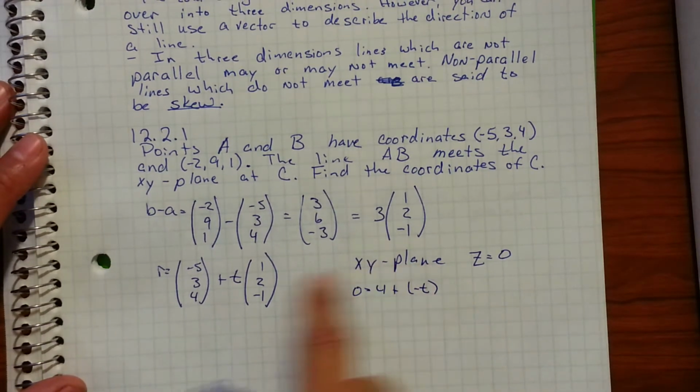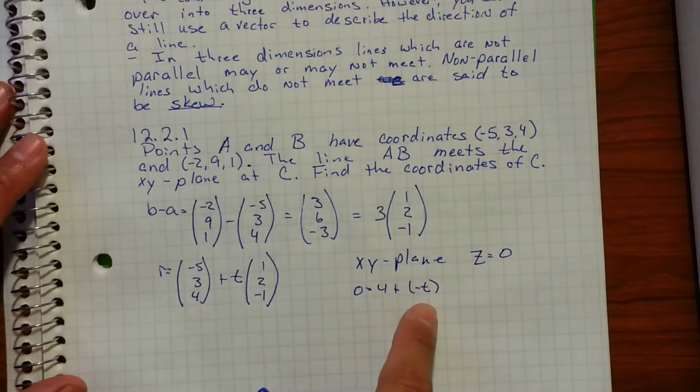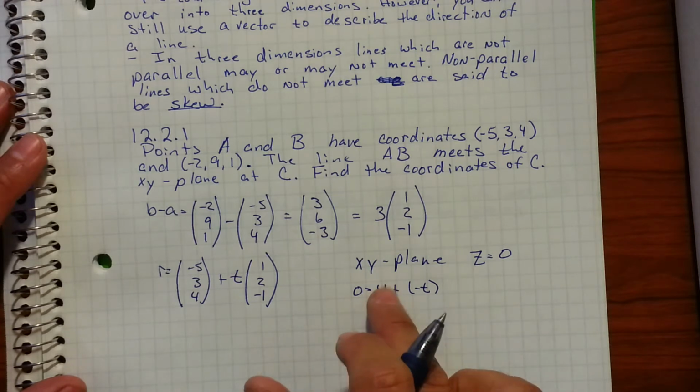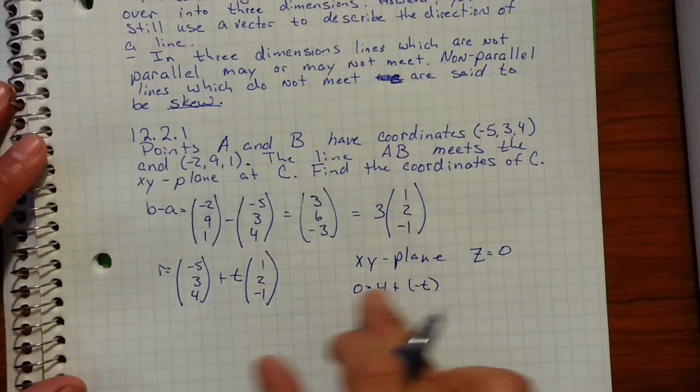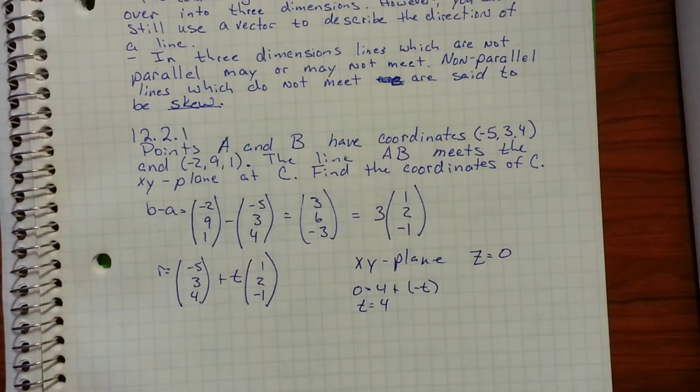When Z is 0, we're going to find out what that t is. Let me move that over, that's going to be -4. I'm going to get t is +4. So now that t is +4, I actually have all my answers for this one. Now I can plug it in and find the rest of it.